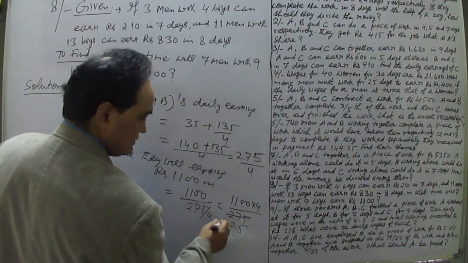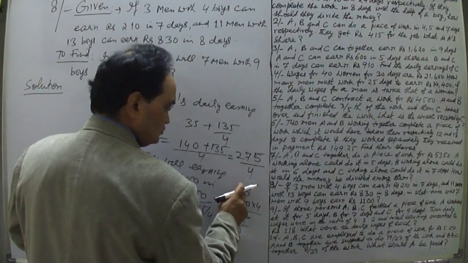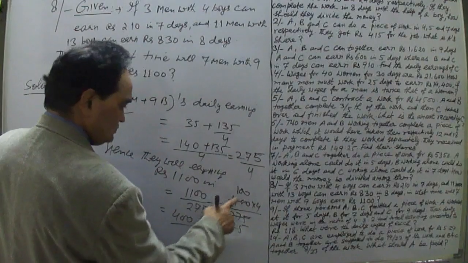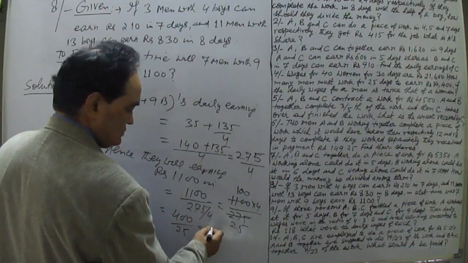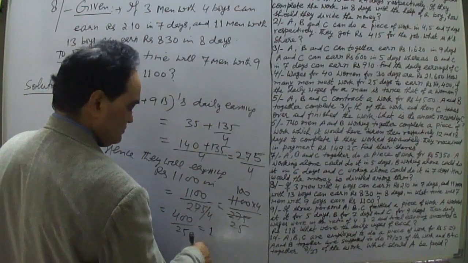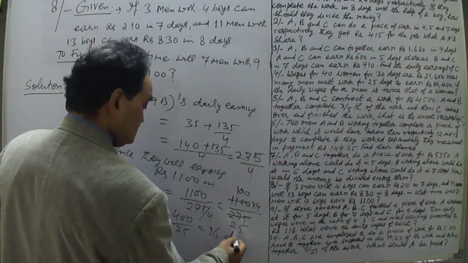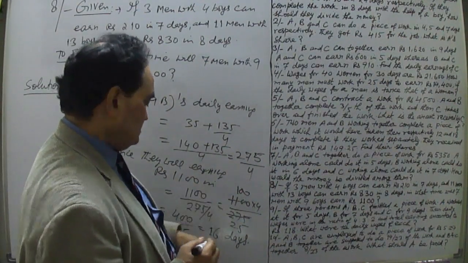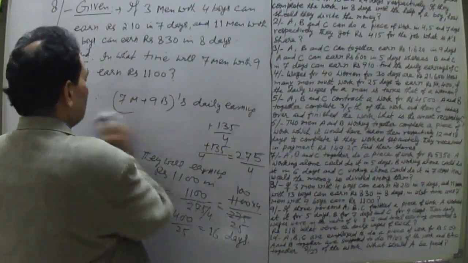So 11 5s are 55. 1100, 11 one time 11 and 2 zeros. This is 400 upon 25. So 400, because 100 into 4, 400 upon 25. You will get 16, and the remaining value is 150, 25 6s are 150. So 16 days. This is the number of days we have calculated. Hence, they will earn rupees 1100 in 16 days. That is the answer. And finally, we have obtained the value.